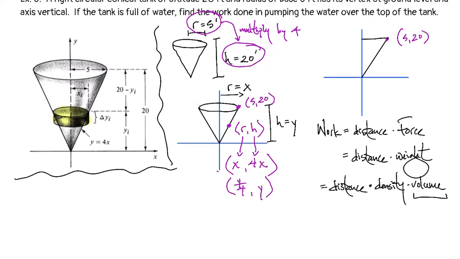So you see how they have like a little cylinder that cylinder represents a slice of the water, in this case, the water that we're pumping out. Or if the tank was full of oil, that slice would represent a slice of the oil, okay? Now, we would not want to slice that thick. We would want to find very thin slices so that it's almost like it's two-dimensional so that we can find the volume.